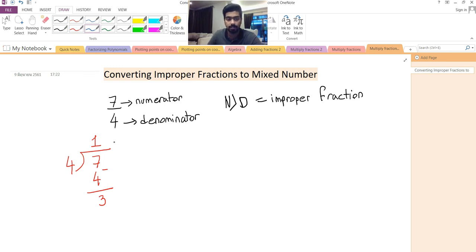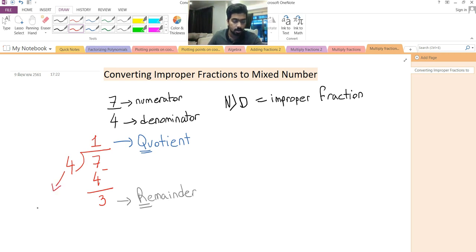So when we divide, we have 3 things. This is what we call the quotient, or I'll just use a Q for it. The next one is what we call the remainder. Remainder means whatever number is remaining after we divide. And the number that we divide by is called the divisor.